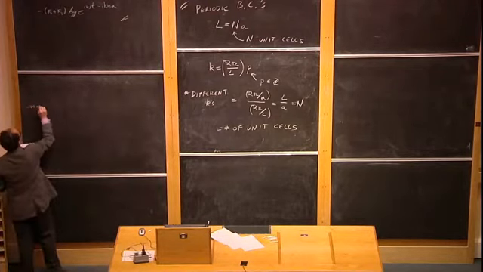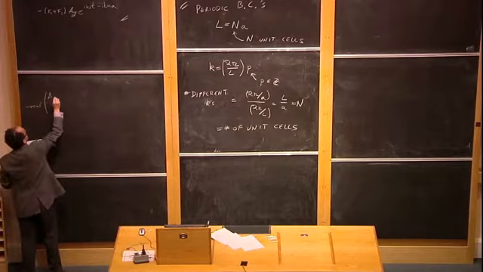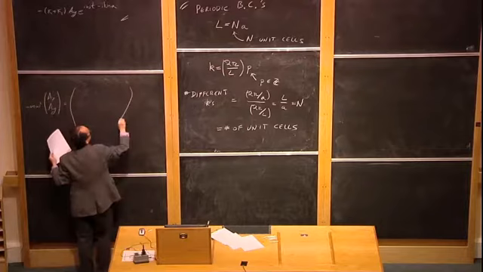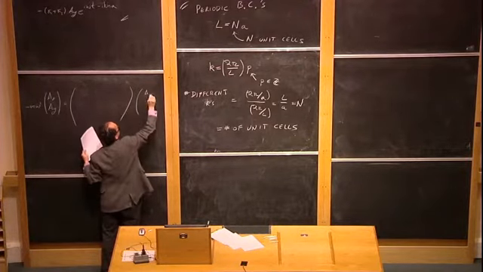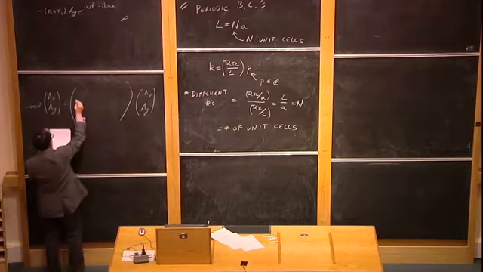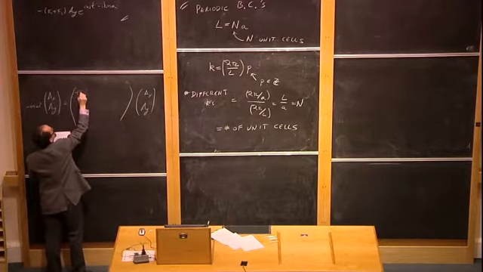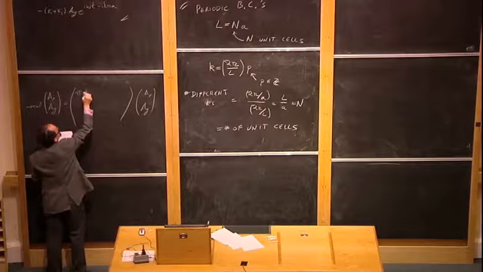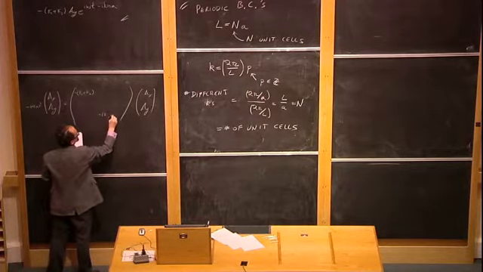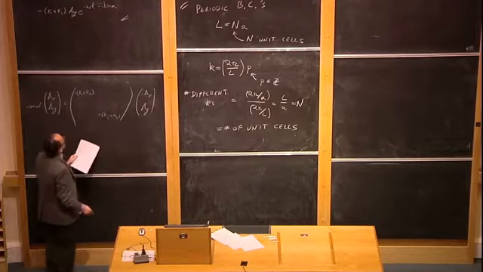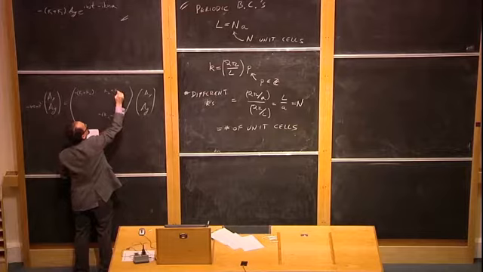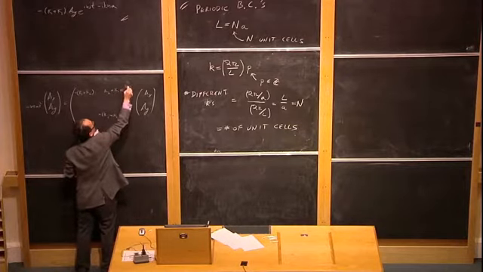I'll write it this way. Minus m omega squared times the vector ax ay equals some big matrix times the vector ax ay. And the big matrix is, what is it? It's minus kappa 1 plus kappa 2 on the diagonal, and then the off diagonal has kappa 2 plus kappa 1 e to the i k a.